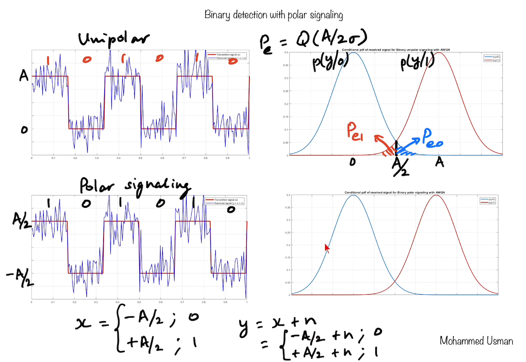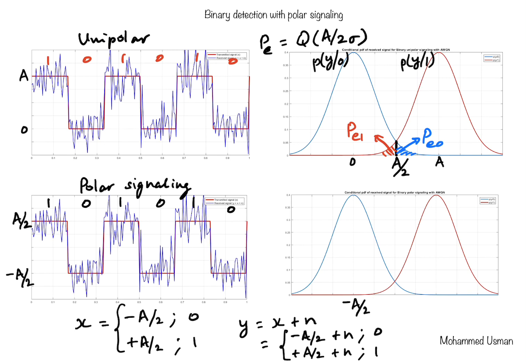So the blue PDF here is the conditional PDF of the received signal y when 0 is transmitted, centered on minus A by 2.